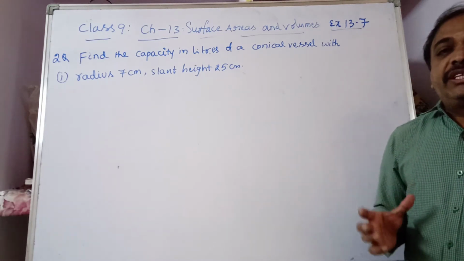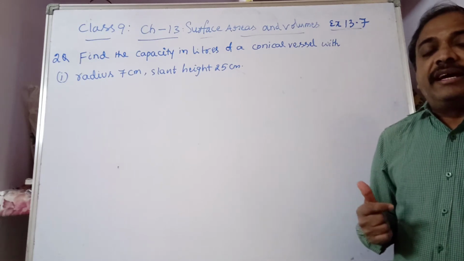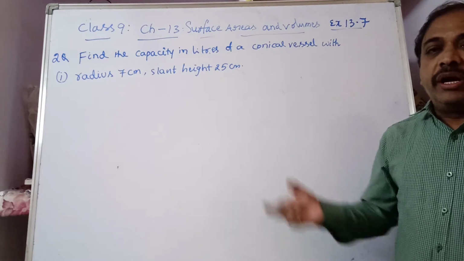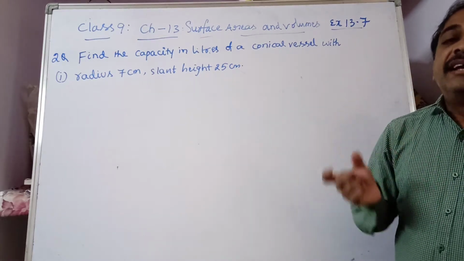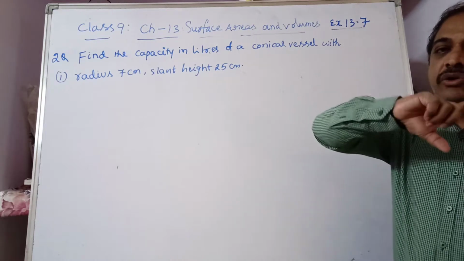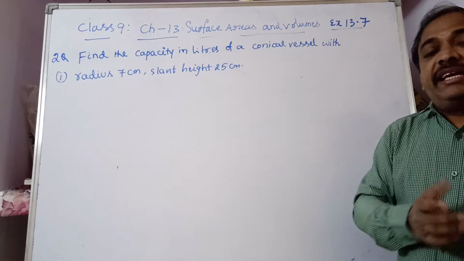I already discussed with you, if you take a cone and a cylinder of the same radius and height, then when you pour water with the cone, you need to fill the cylinder 3 times. That's the practical. That's the reason the volume of the cone is 1 by 3 of the cylinder.